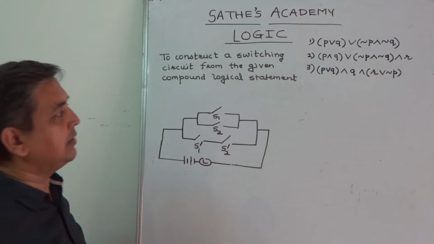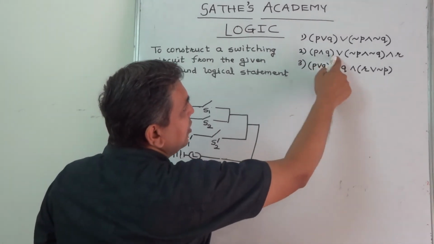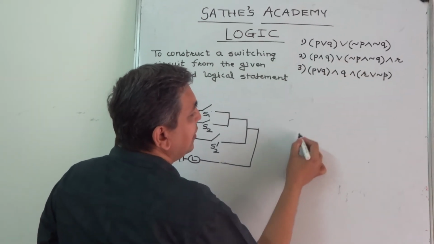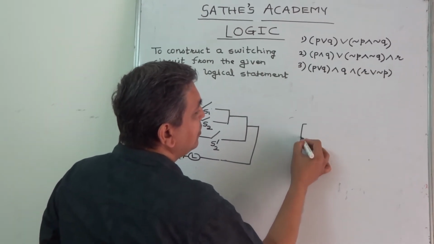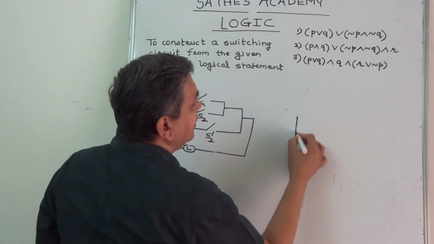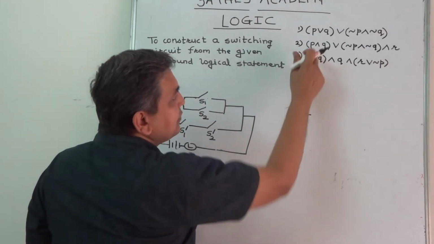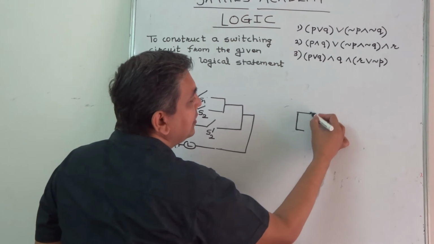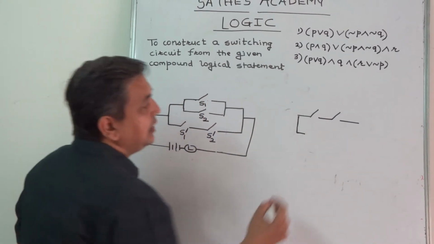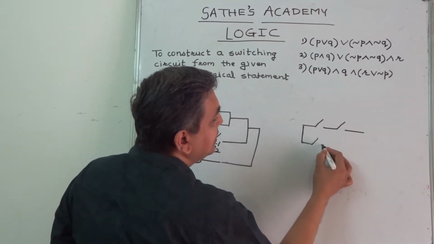Now let us see the second question. In the second question, we have this or this and this. So first, this OR. Either we have to go for this first bracket or the second bracket. Now in this first bracket we have P and Q, two switches in series, and OR here again we have two switches in series.